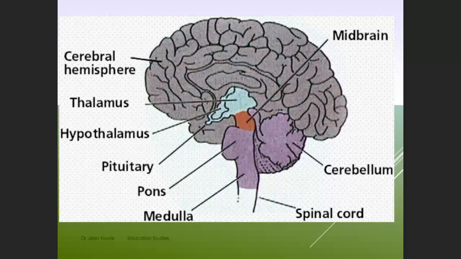In the center is the thalamus, the hypothalamus, the pituitary gland, and the pons and the medulla, the cerebellum, and the spinal cord are all part of the hind brain.